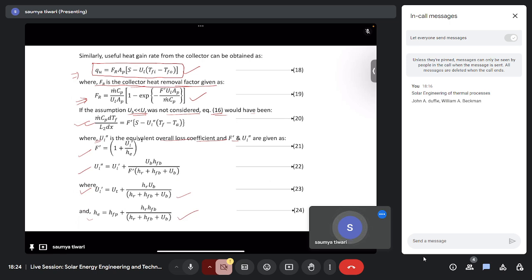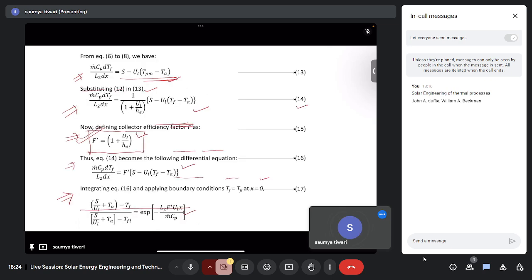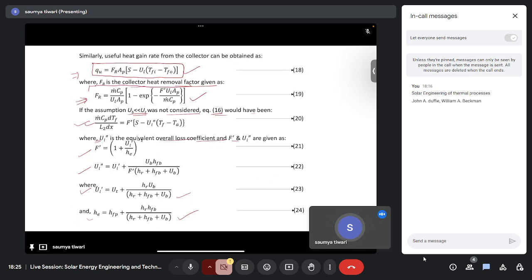You can see there is a very close analogy between the liquid flat plate collector and the solar air heater, because the terms here like collector efficiency factor and collector heat removal factor are the same as we have seen in the liquid flat plate collector, right? So the formulas are also quite similar, and you should remember these two formulas.